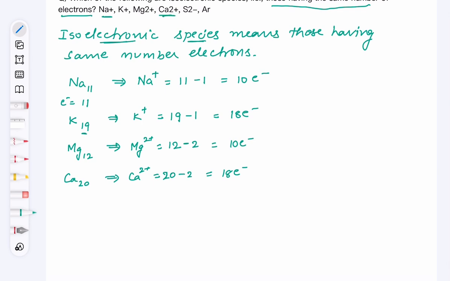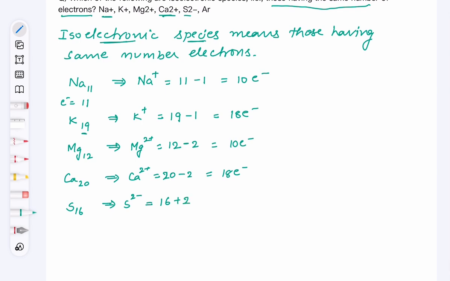Now after calcium you have the sulfide ion. Sulfur has atomic number 16. When it forms S2 minus, the thing you need to understand is sulfur has 16 electrons, but 2 minus is there. 2 minus means it takes 2 electrons.